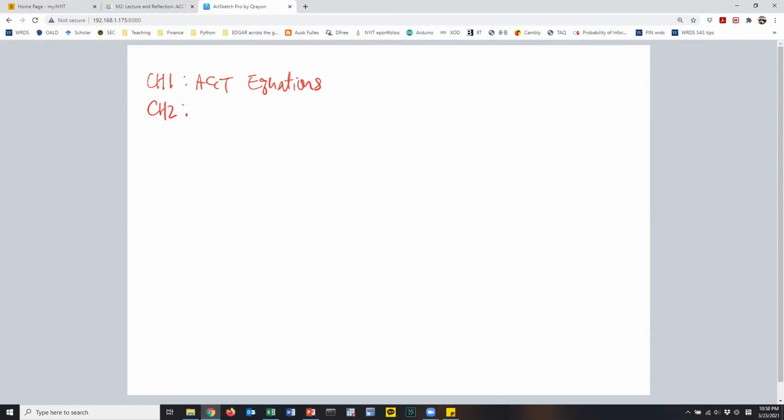There are a number of topics that you study in chapter 2, but I would say that the major topic is journal entries. We develop the concept of journal entries based on accounting equations. And then in chapter 3, we further study something called adjusting entries.